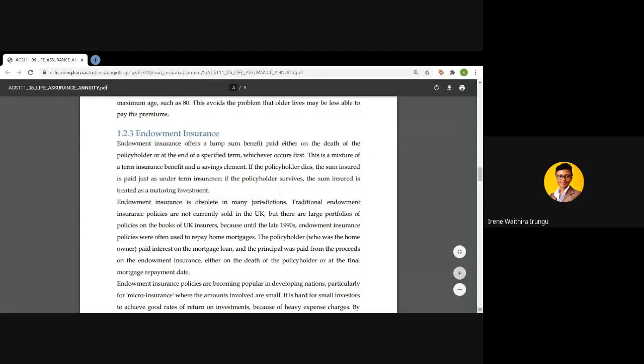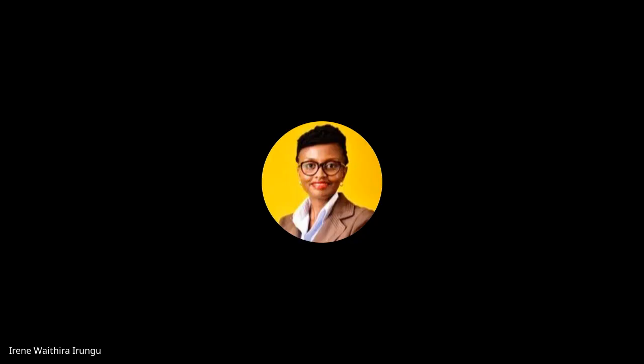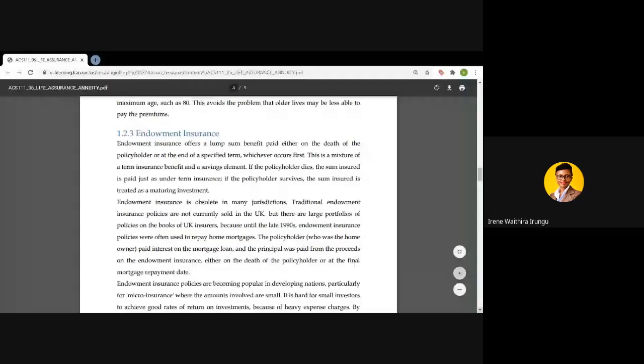However, if Brian's father survives to the end of the term, the end of the 5 years, the sum assured will now be payable to him. So you can see the contrast here between the endowment insurance and the term insurance. Here we now have a maturity benefit payable to the policyholder.